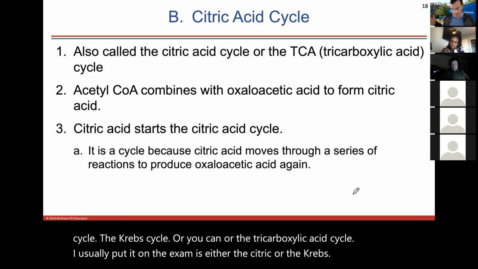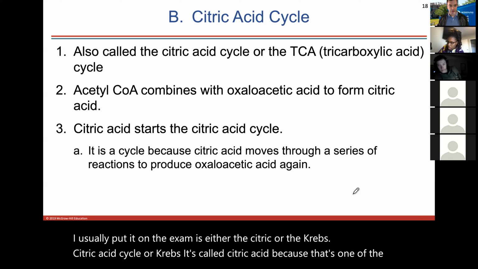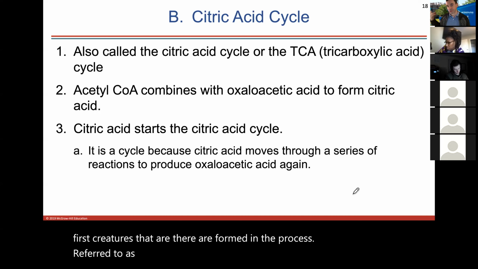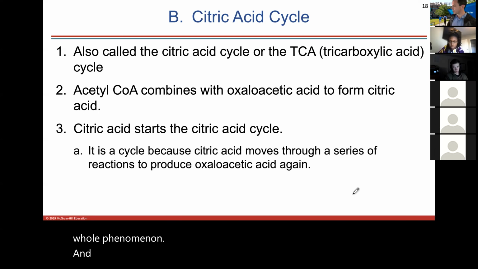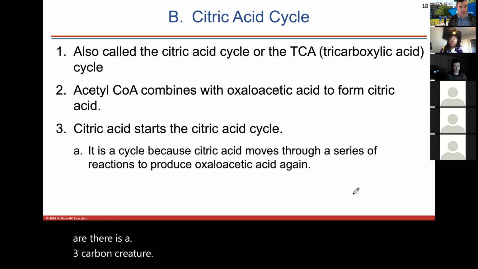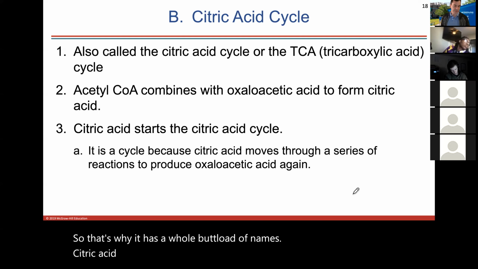It's called citric acid because that's one of the first compounds that is formed in the process. It's referred to as Krebs cycle because that's the person who discovered this whole phenomenon. And tricarboxylic acid, it's called that because one of the first compounds there is a 3-carbon compound. So that's why it has a whole lot of names. Citric acid and Krebs are probably the only 2 you're going to see on the exam.